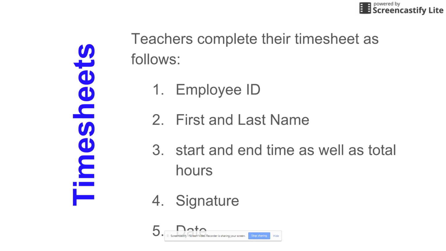Start and end times, as well as total hours, and I'll show you what that looks like on an example. Signature and the date. We pre-fill some information on the activity as well as the account code, and we will send this information out to you in a packet that will have where to send it. You'll send it to Kathleen Ham, Physical Disabilities at Lynbrook Center, and that will be in the paper packet that we give you that has all these pre-filled.